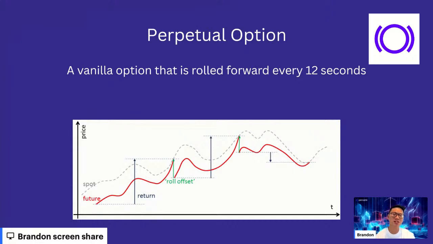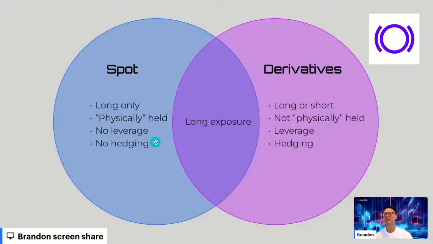Well, the blocks on Ethereum are 12 seconds. This could be 1 second on Base or Unichain, but just as an example. So this might sound really similar to perps. It's basically an option that's getting rolled forward continuously. And yeah, that's a good way to think about an LP position as a perpetual option.